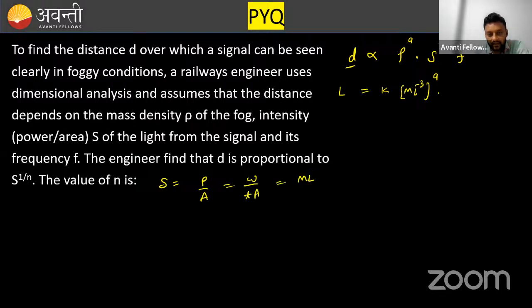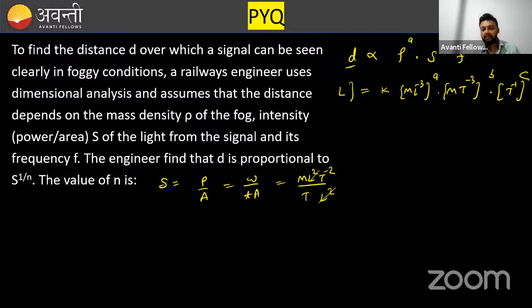Dimension is ML square T minus 2 over T and L square. So it will be MT minus 3. चेक करना मैंने गलती ना की हो। MT-3 power b, frequency is T-1 power c.